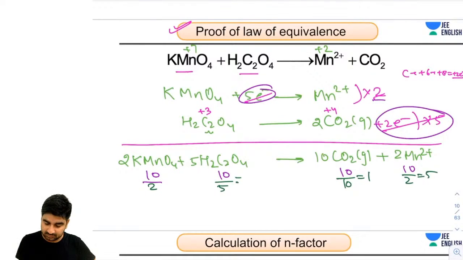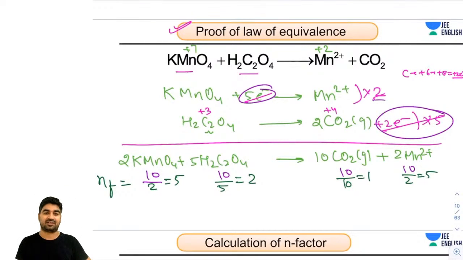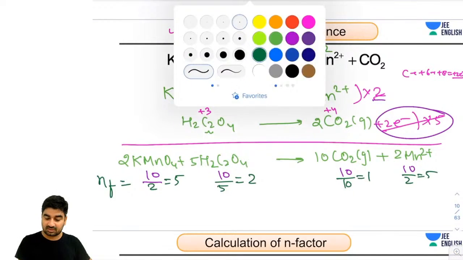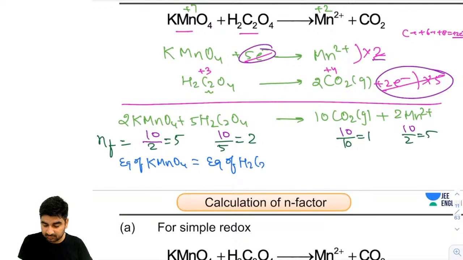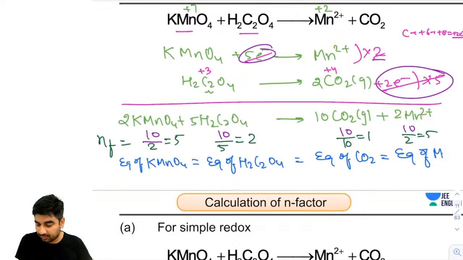5, 1, 2, 5. So guys, these are the n factors. Now, what is the chemical law of equivalence? The law of equivalence says the equivalents of KMnO4 will be equal to the equivalents of H2C2O4, which will be equal to the equivalents of CO2, which will be equal to the equivalents of Mn2+.